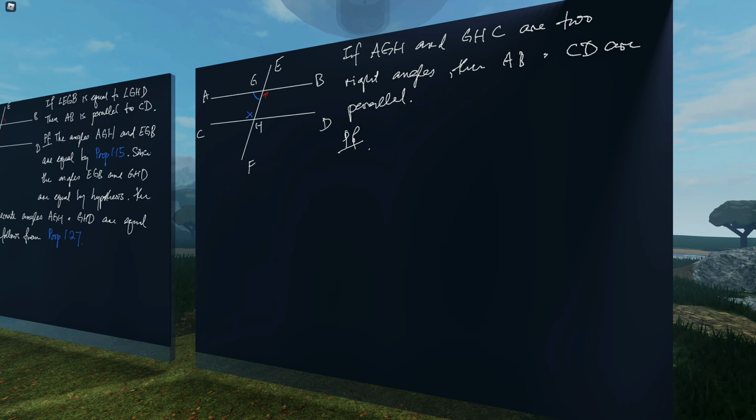Right, so by proposition 13, the two angles, which two? So it's AGH and the red one, BGH, are two right angles.